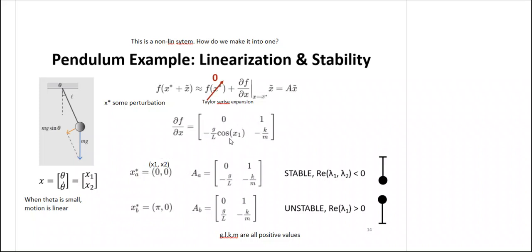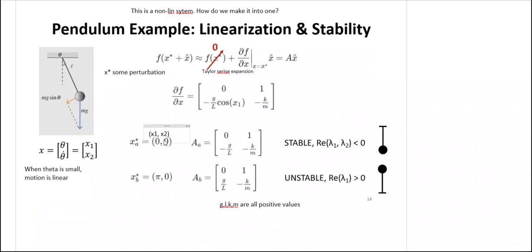So x1 and x2. So we get 0, 1, all this. And this is x1 and x2, and when cosine is equal to 0, it's just 1. So we get just the same thing over here.